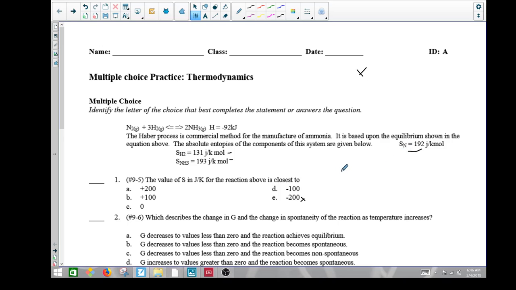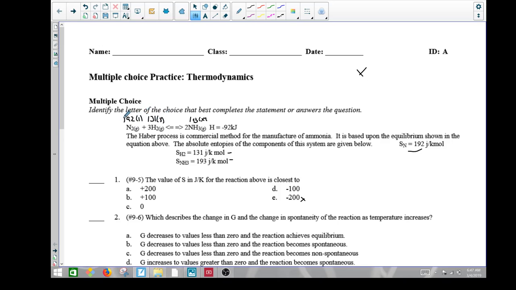So it's going to be, in this case, 192. H2 is going to be 131. And then this one here is 193. This will be times 2, this will be times 3, and this one will be just times 1.